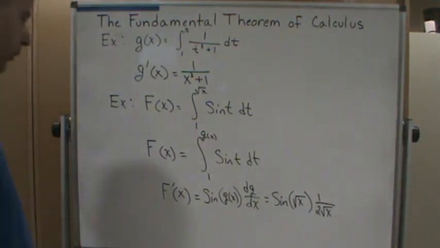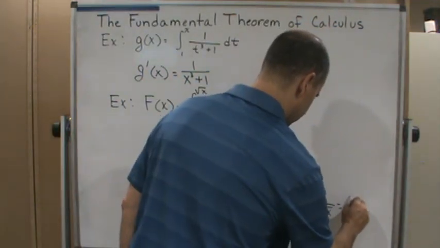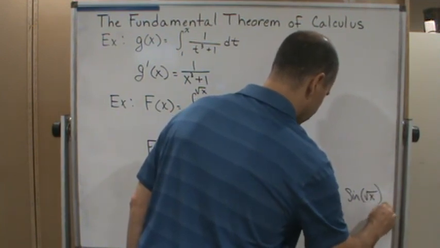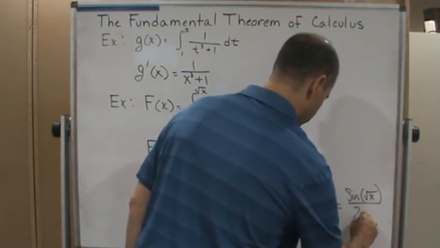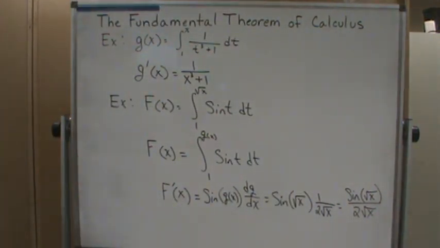And so then if we rewrite that, we would just write it as sine of the square root of x over 2 root x. And that would be our final function. So there we have applying the fundamental theorem of calculus part 1 along with the chain rule.